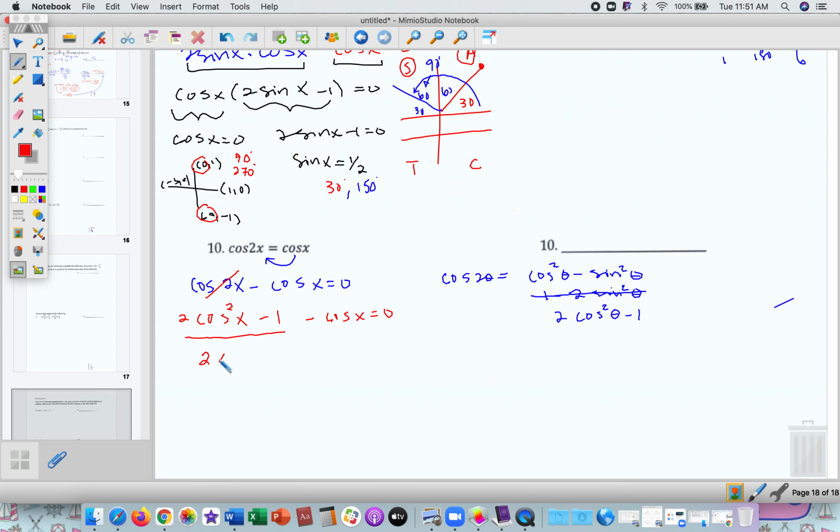I know that I need to factor this. I can look at it as 2 cos squared x minus cos x minus 1, if I rearrange this in descending order. And then I'm looking for two numbers that multiply to AC, or negative 2, that add to negative 1. So that combo would be negative 2 and 1.